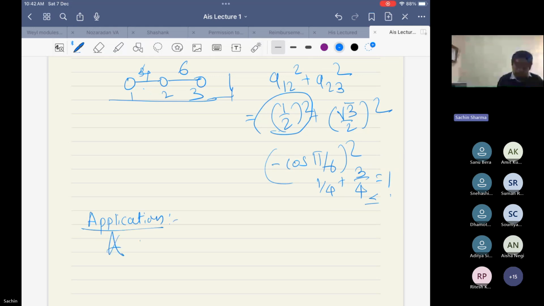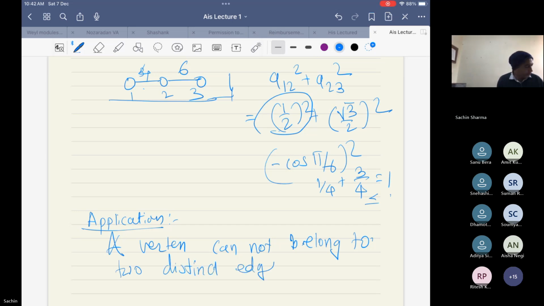A vertex cannot belong to two distinct edges of order with Mij greater than 4.